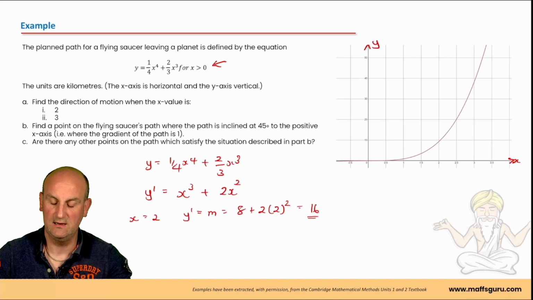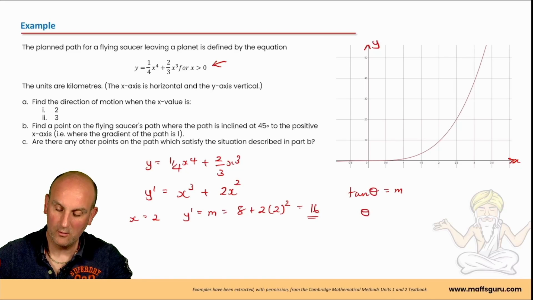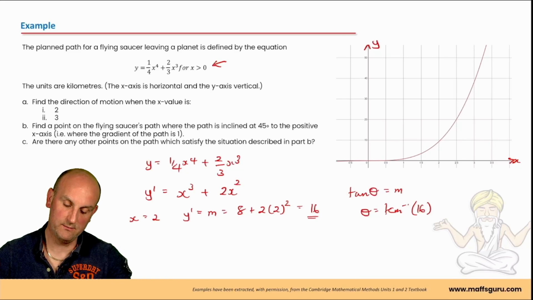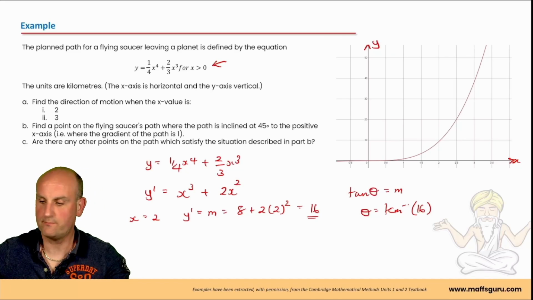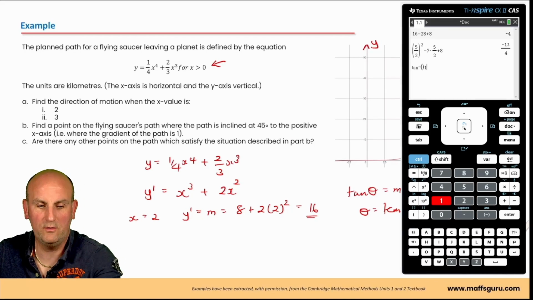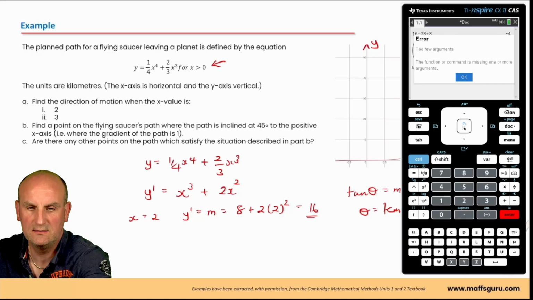We've got 16, and in which case we now know that we want to find tan theta is m, or theta is going to give me tan to the minus 1 of 16. And so what am I going to end up with there? Fire up my calculator. Tan to the minus 1 of 16, I'm in degrees.